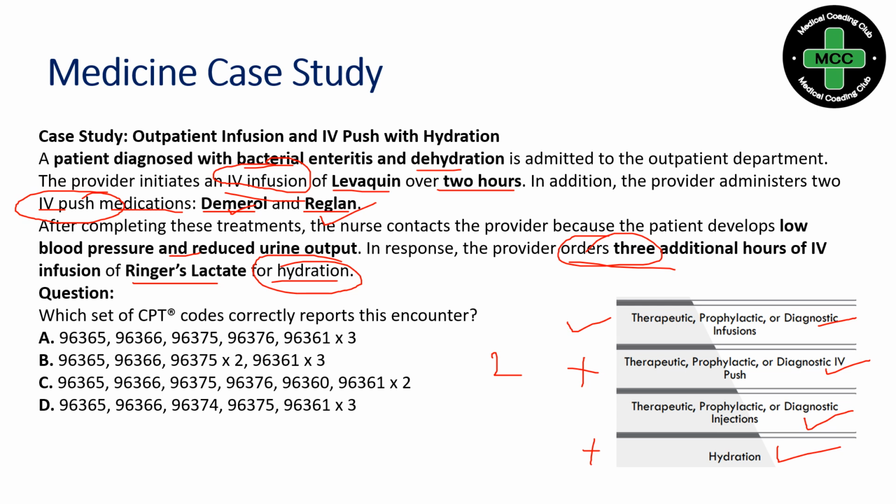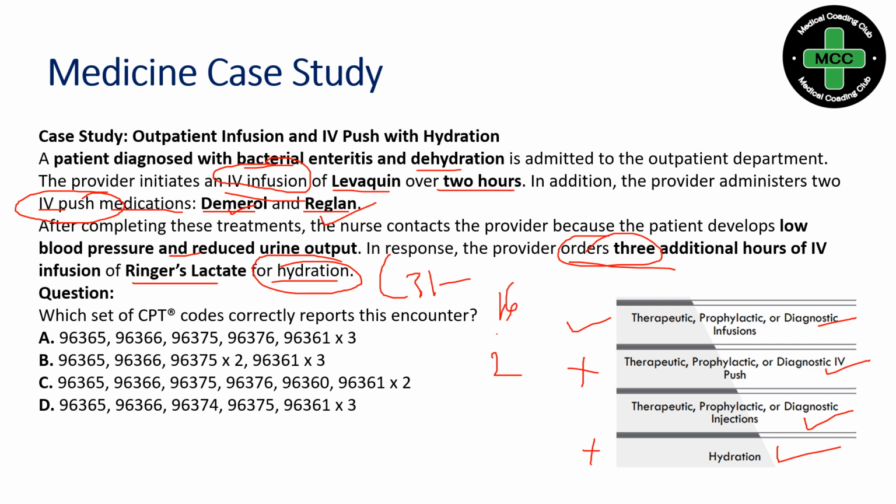Please be aware, for hydration you need a minimum time requirement of 31 minutes to code the hydration code. And for IV infusions, we need a minimum of 16 minutes.